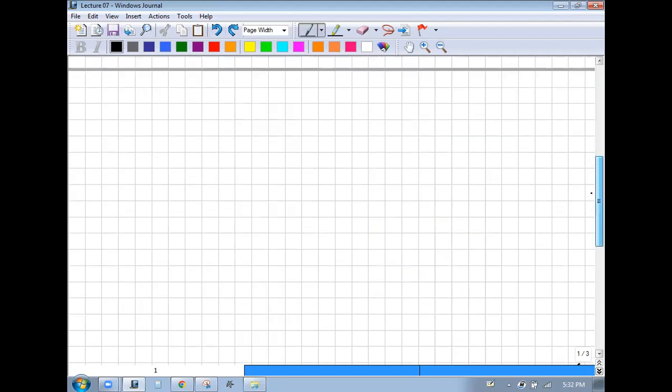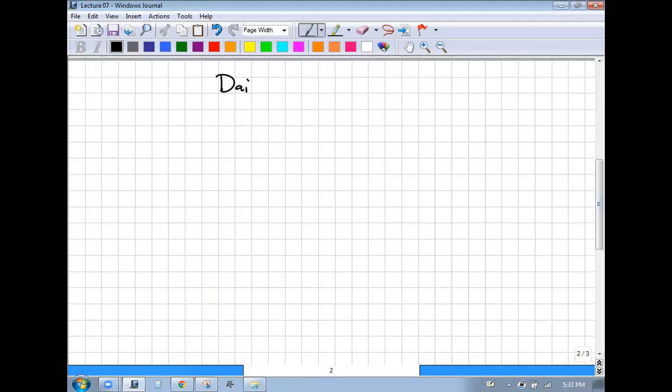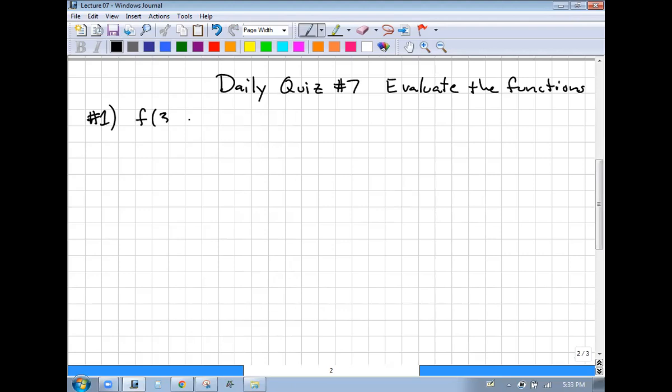Today we're going to be doing functions, and so for our quiz, I'll give you an easy quiz. This is number 7. We evaluate the function. Number 1, find f of 3 if f of x equals 2x squared minus 3x plus 1.